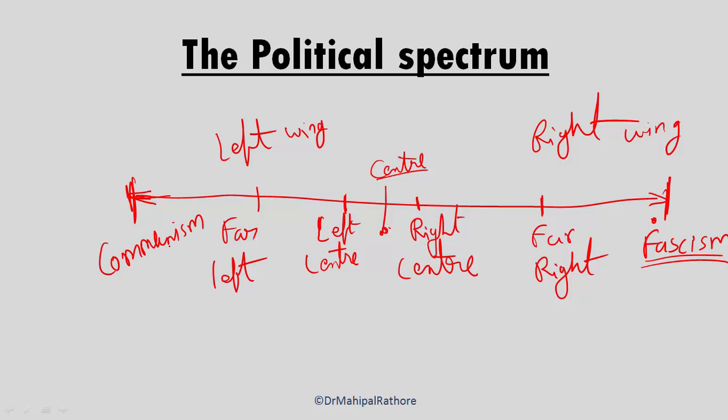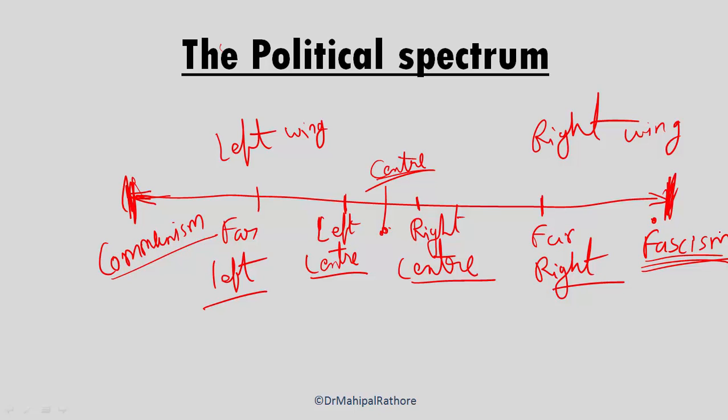But you must remember that there is no ideal communist state in the world as of now which follows communism to the letter, and you should watch my earlier video on communism, socialism, fascism if you want to know more about that. But here on one end we have communism and on the other end we have fascism. So these are the two extreme ideologies. In between there are far left, left center, center, right center, far right and fascism. So this is the spectrum.